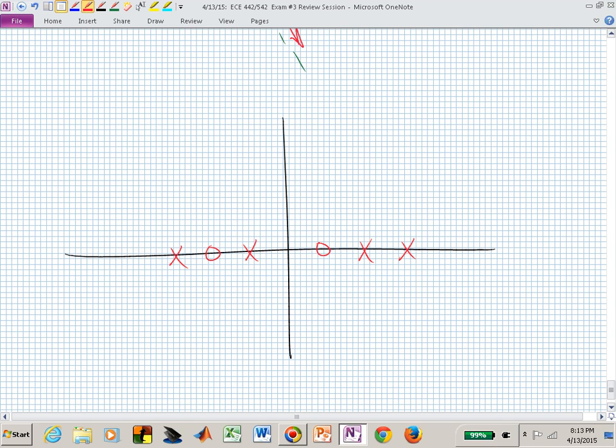What's the pole zero excess? 2. So how many zeros at infinity do we have? 2. And where do we know those are going? When we have 2 zeros at infinity, where are they going? Up and down, aren't they? So we know that we're going to be approaching asymptotes, but now those may not be straight up and down. They may be curving to those asymptotes.